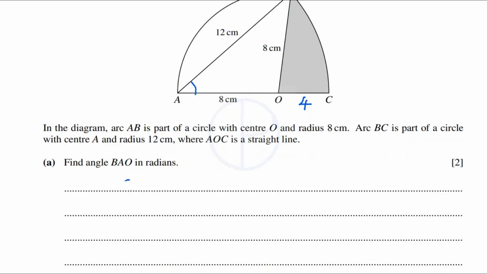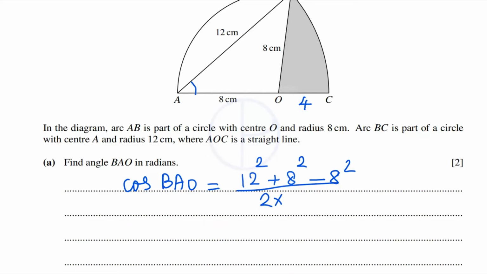So cos BAO equal to one side of this triangle is 12 square plus another side is 8 square, minus the opposite side 8 square, divided by 2 multiplied by the side 12 and another side 8. So this is equal to 12 square divided by 2 times 12 times 8.